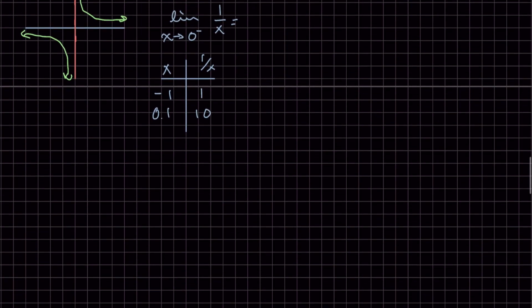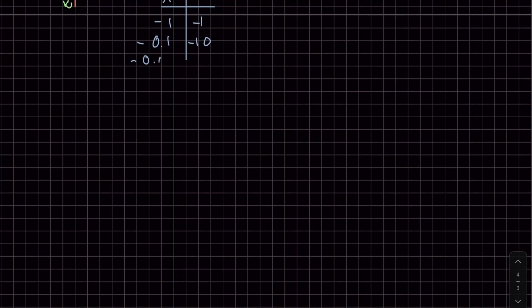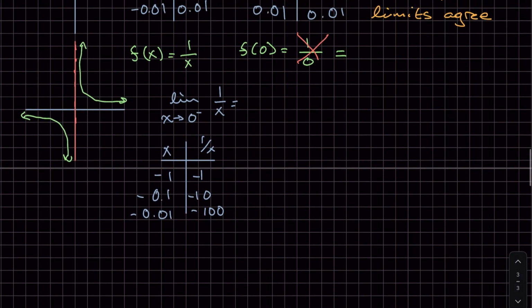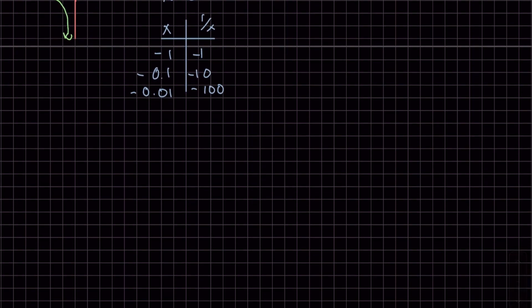Oh, I'm approaching from the left, so all these are negative. Sorry. If we do negative 0.01, we get negative 100, and yada, yada, yada. This number will get bigger and bigger until you reach infinity, which you will never do. You can't reach infinity. It's impossible. But what you can do is get close to infinity. Not really, but you can approach infinity.